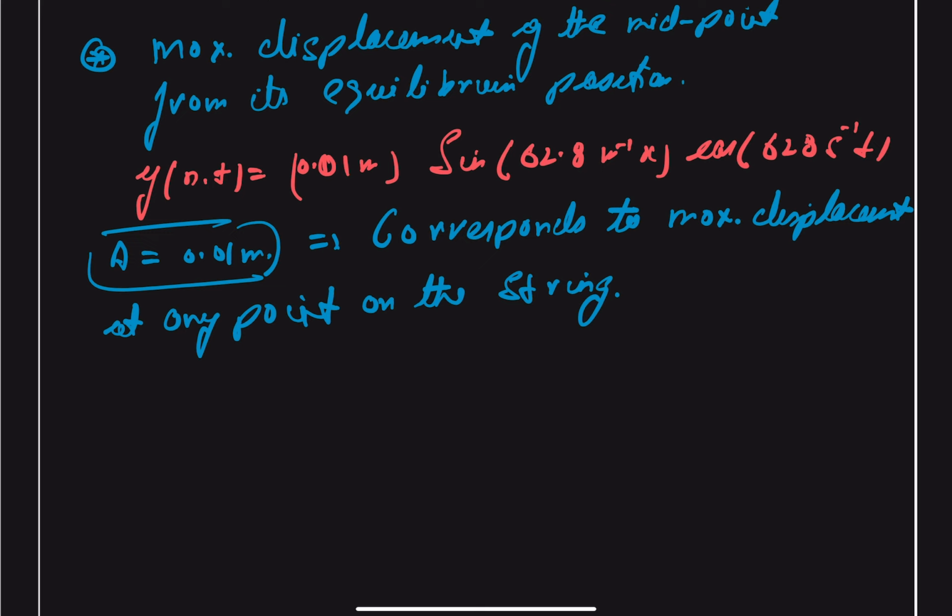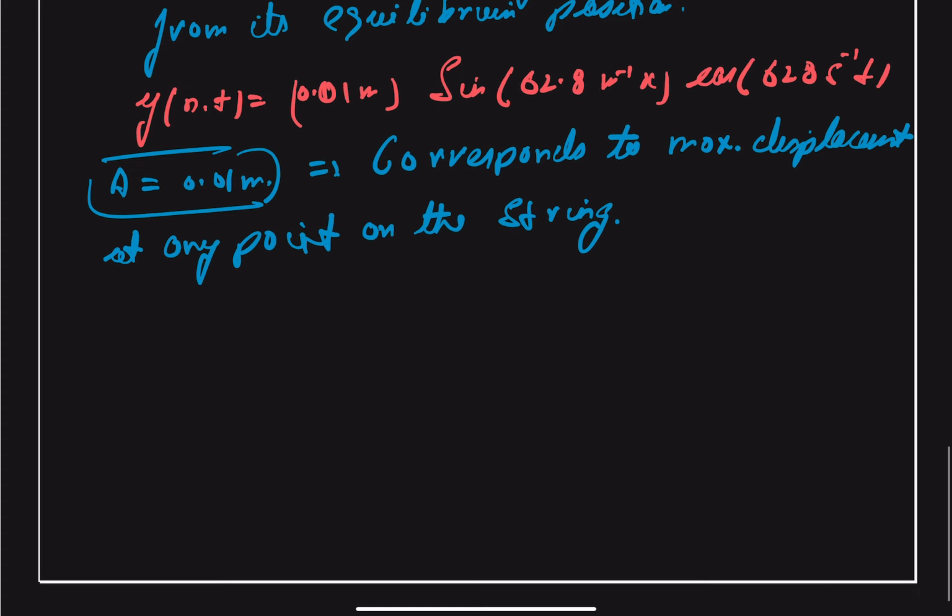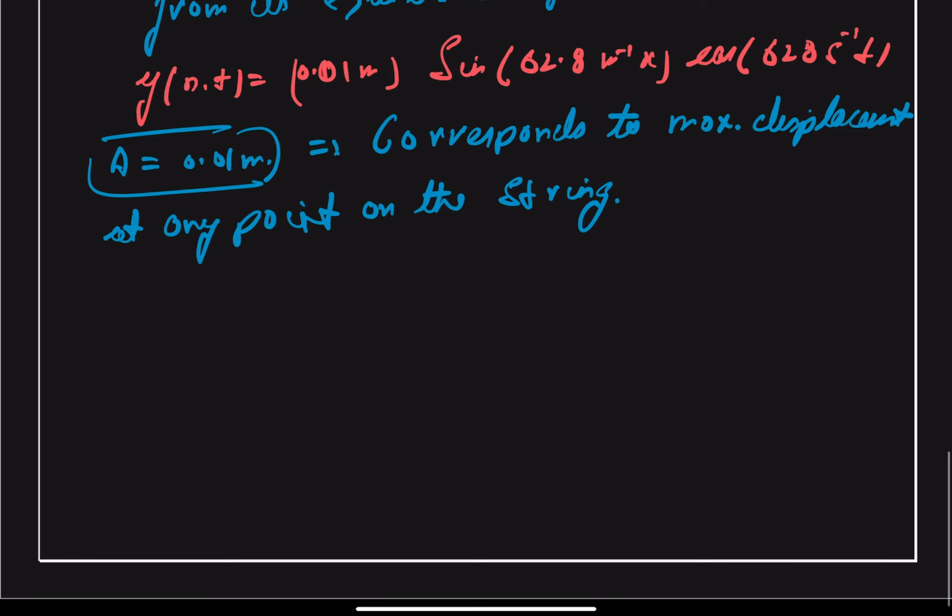Now we have to find out, or we can say verify, that it is said to be at the midpoint of this. So let us find out the midpoint. So you can say the midpoint of the string, let us suppose that is x will be equal to L by 2.